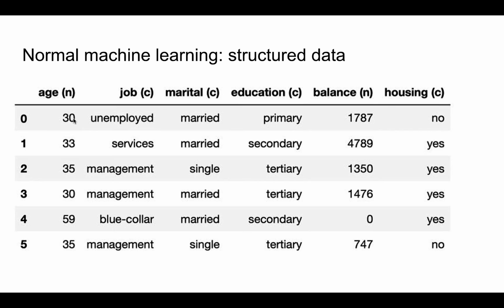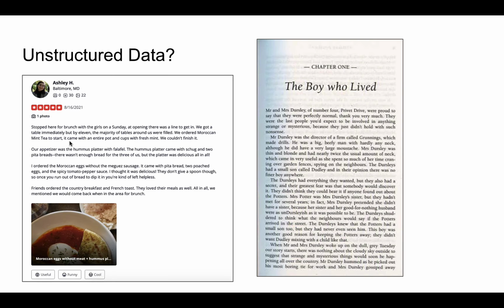So here we have different columns saying, here's a person that's 30 and married, and here's how much money they have in their bank account. And based on that, a machine learning algorithm might predict whether or not they have housing, right? And that's something that machine learning algorithms typically were used for.